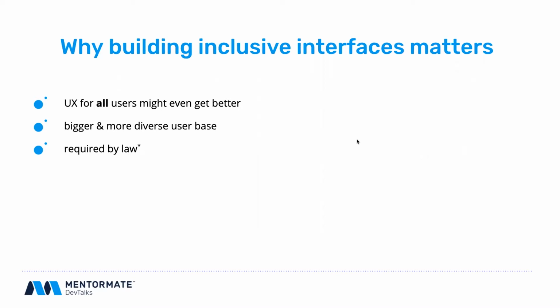But for some countries, there are laws and acts and directives that apply for whole industries, like, for example, the healthcare industry in the United States. I think it was called Section 508, and it's mandated, if you have a digital product, to be completely accessible for everyone and to be accessible above the level A level of accessibility.